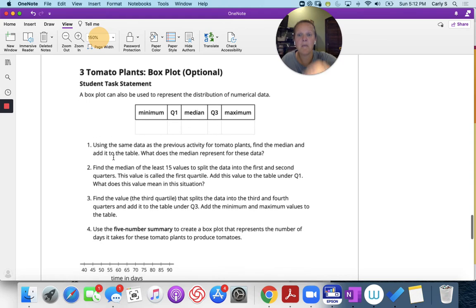All right, so a box plot can be used to represent the distribution of numerical data. So using the same data as the previous activity for tomato plants, find the median and add it to the table. What does the median represent for these data? All right. So the median means you're going to add everything together and divide by the number of numbers. I need to get my calculator. Oh, I think I have one right here.